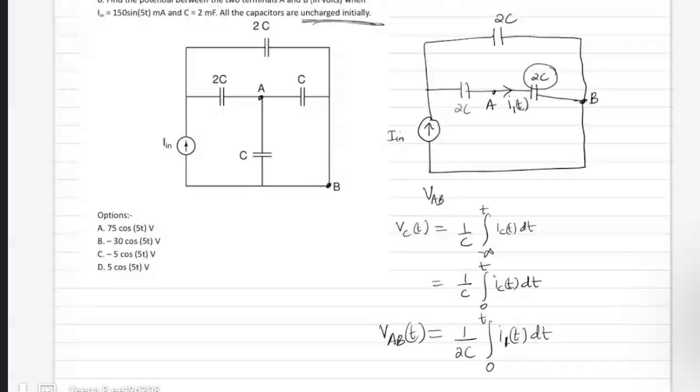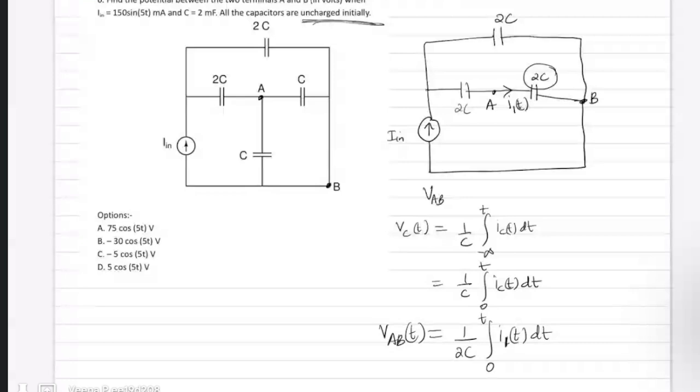So when 2C is in series with 2C, the equivalent capacitance is C. So this becomes 2C, this is C. They are connected to a current source of I in. This current, we had already named as I1 of t, is the current flowing through this branch, which is the same current flowing here because they are in series.